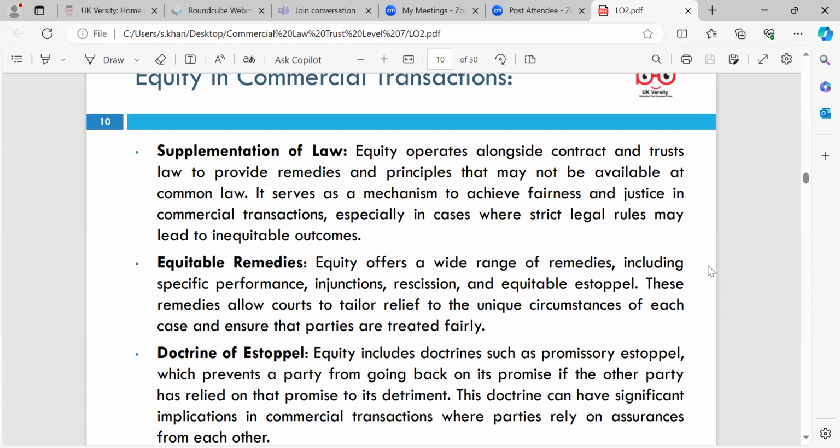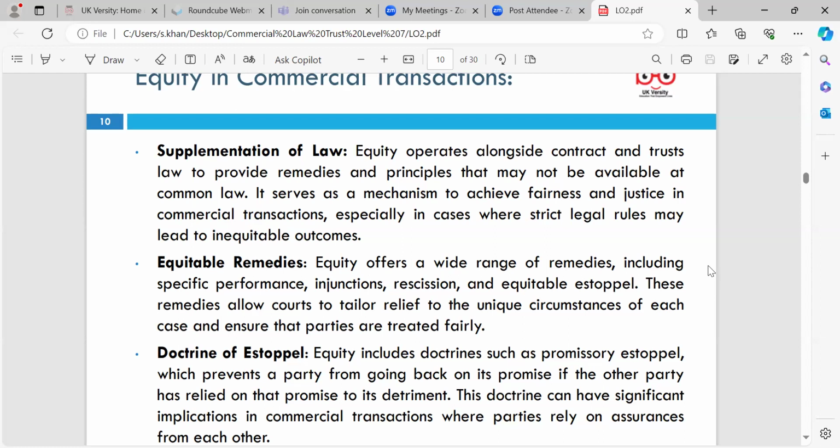Supplementation of law. So equity operates alongside contract law and trust law to provide remedies and principles that may not be available at common law. It serves as a mechanism to achieve fairness, as we've just mentioned, and justice in commercial transactions, especially in cases where strict legal rules may lead to inequitable outcomes.